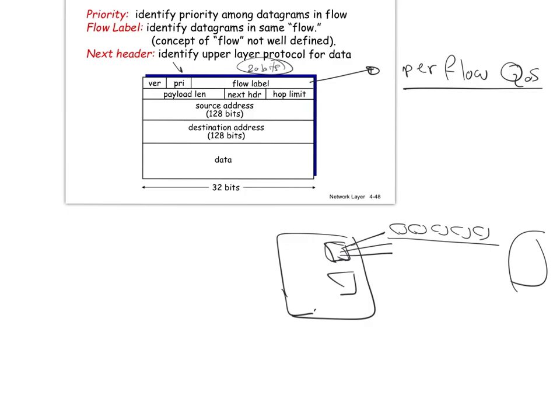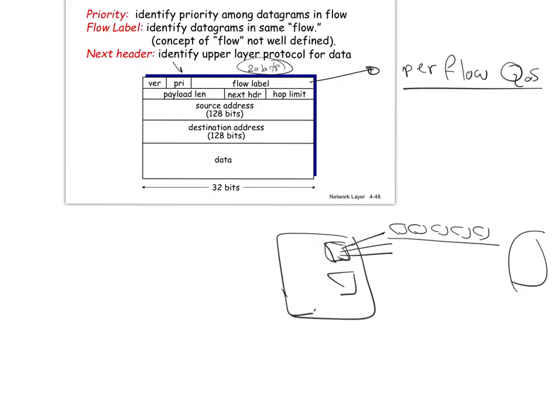Yeah, it is kind of logical distribution for different flows that go to the core network. Yes. This is different from virtual circuit, definitely.